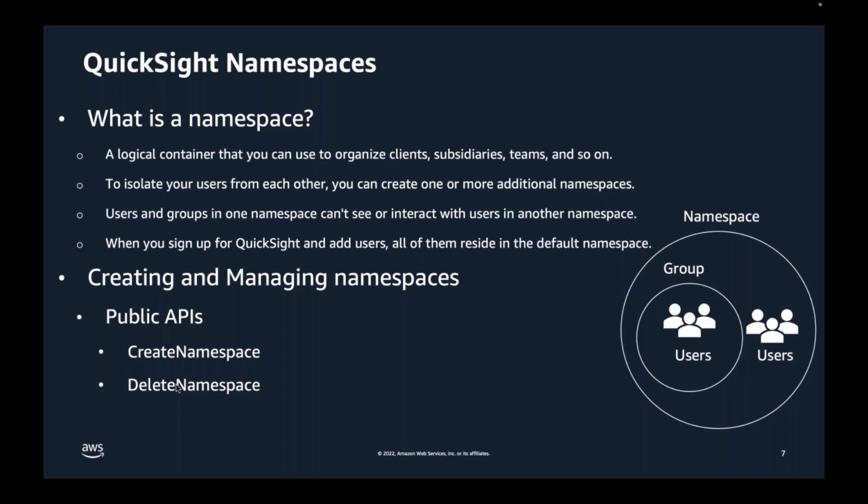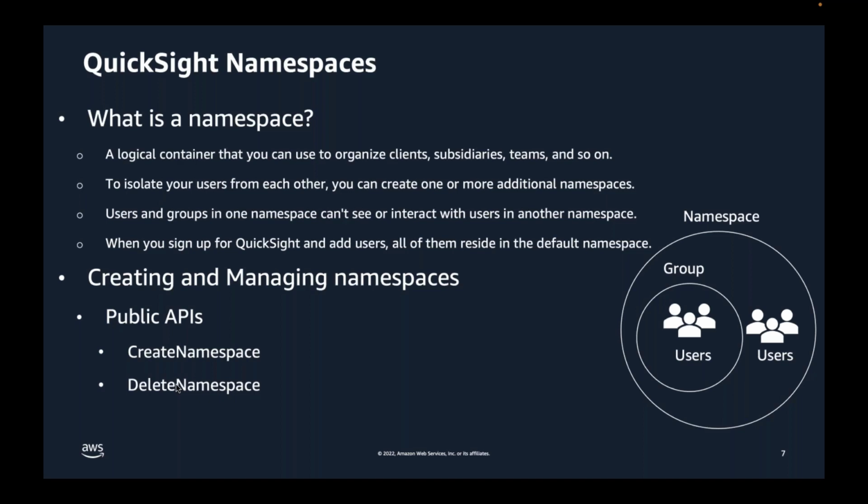By isolation, it means namespaces can have users and QuickSight groups. Any user or group in a namespace will not have any visibility or any idea about users or groups in other namespaces.